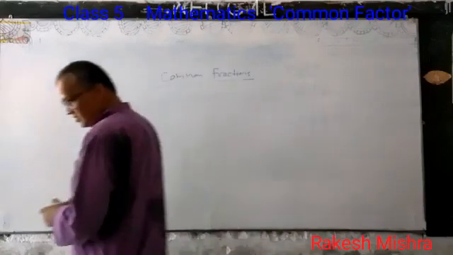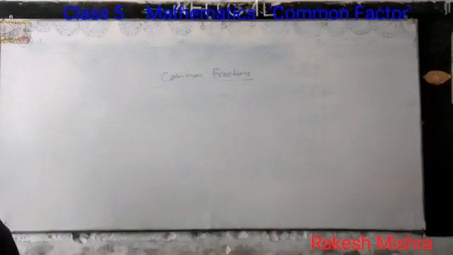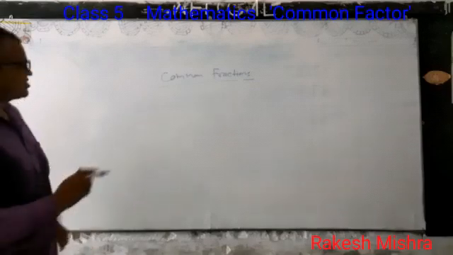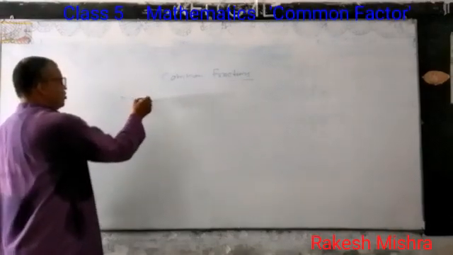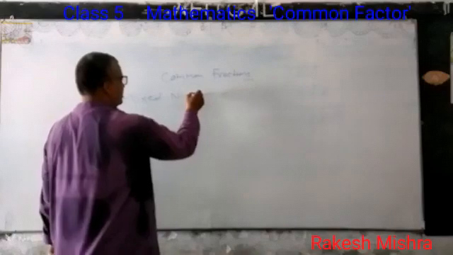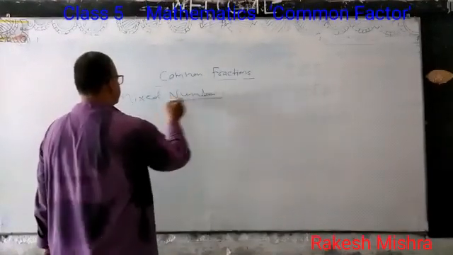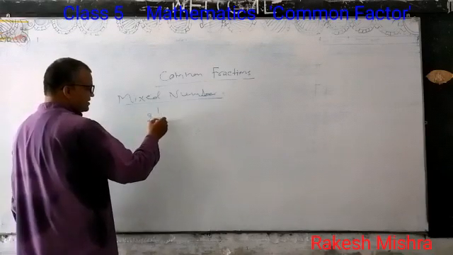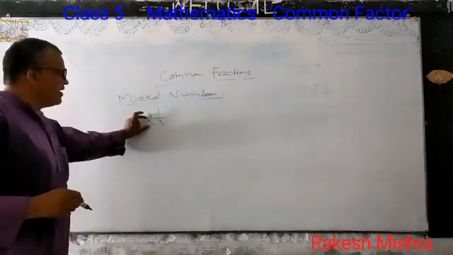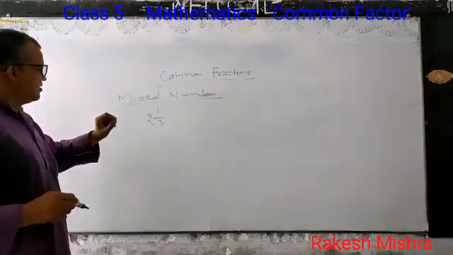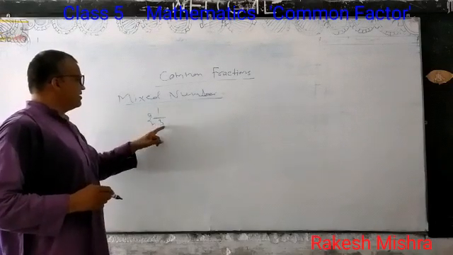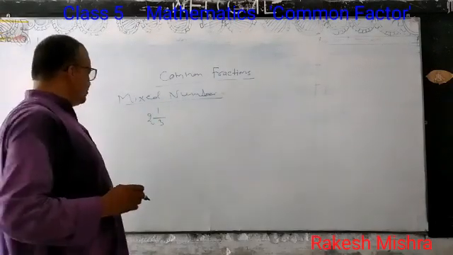I think important topics are clear. One thing more, we should know mixed number. What is mixed number? In a mixed number, this is whole number and this is a fraction. A number which has a whole number and a fraction collectively is called mixed number.